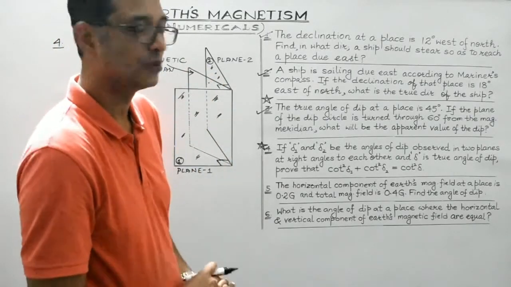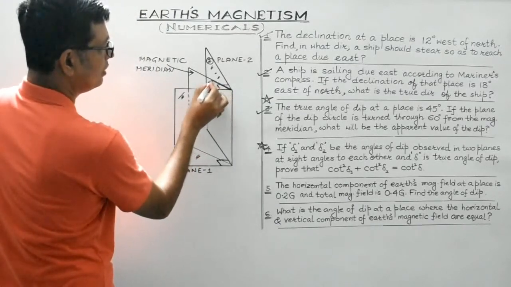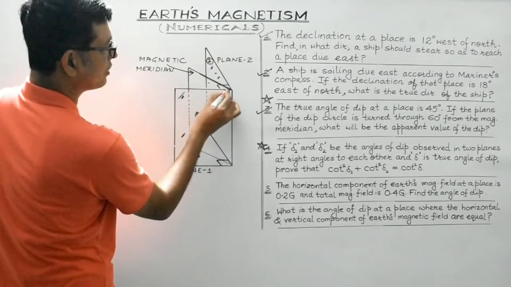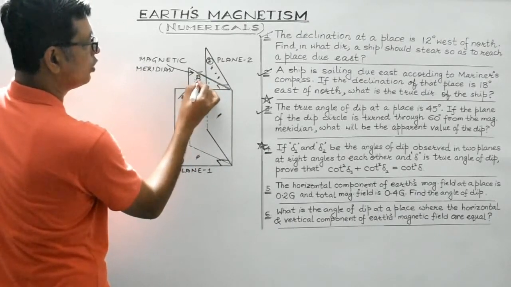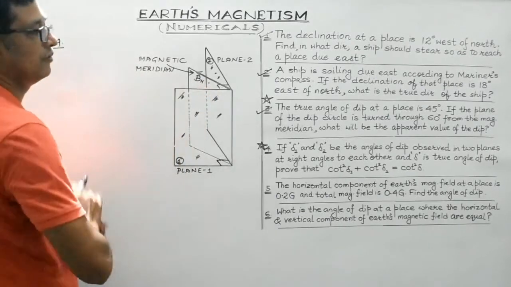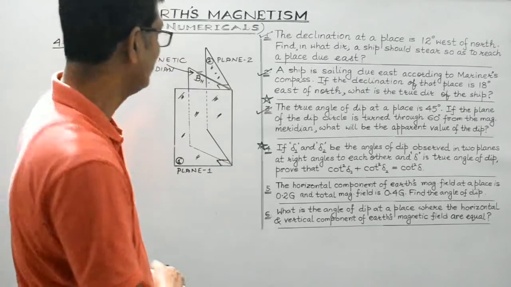BH will also be in this plane, right? So let us consider BH is along this direction. This is BH, the horizontal component of Earth's magnetic field. Obviously, it will be in the magnetic meridian.